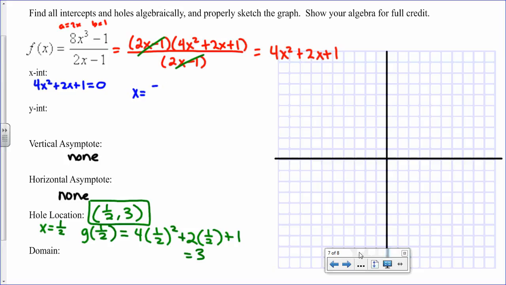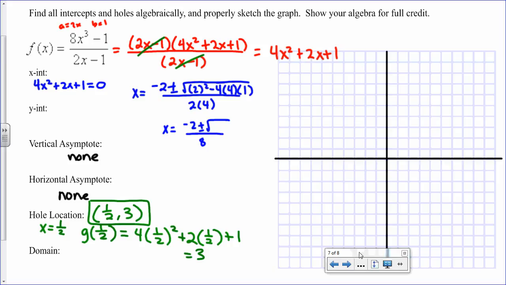So opposite of b is negative 2 plus or minus the square root of b squared minus 4ac, all over 2a. So just calculate what's under the radical first. So I'm going to be doing 4 minus 16.